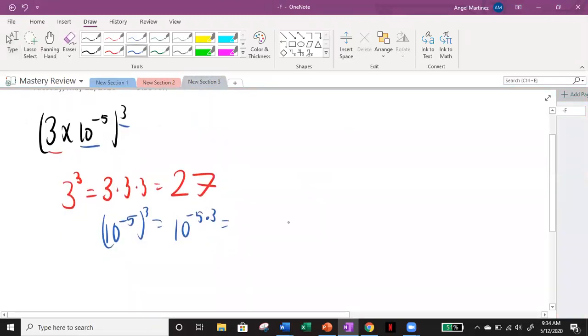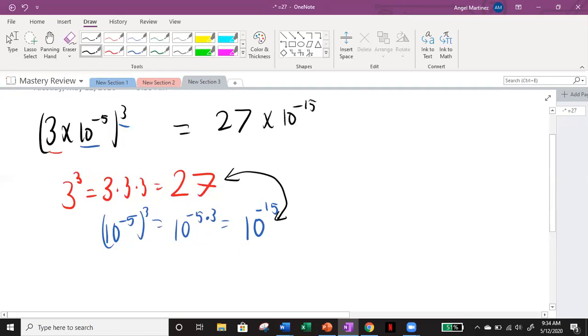That's just a math rule. So you get 10 to the negative 5 times 3, that's negative 15. Like last time, just combine these two together. We get 27 from the 3 to the power 3 times 10 to the negative 15, which we got from the 10 to the negative 5 to the 3. That's your answer.